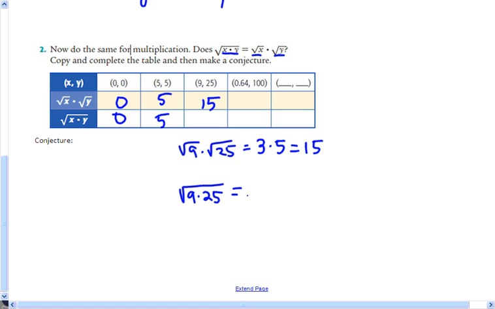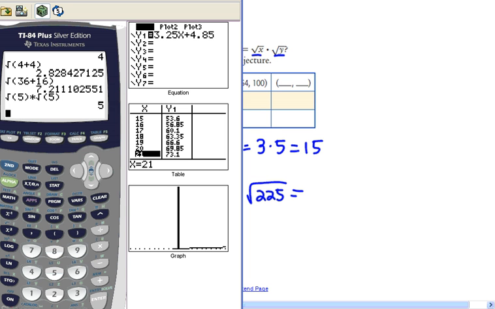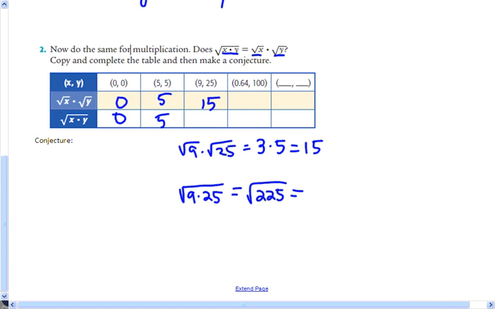Now, 9 times 25 is 225. And if I go to the calculator, I actually know this one, but some of you may not, the square root of 225 is equal to 15. So, once again, we get exactly the same answer.